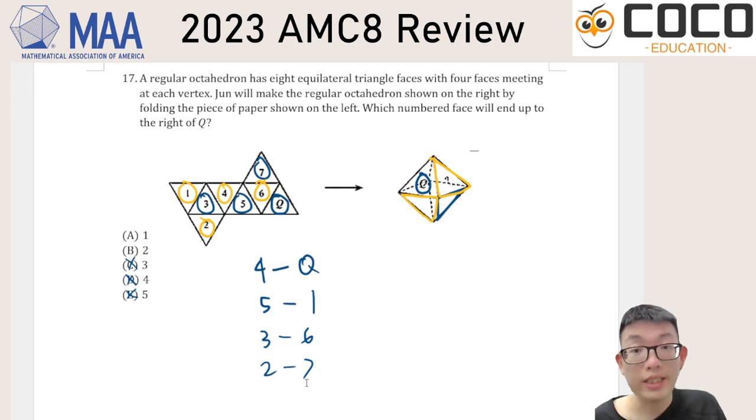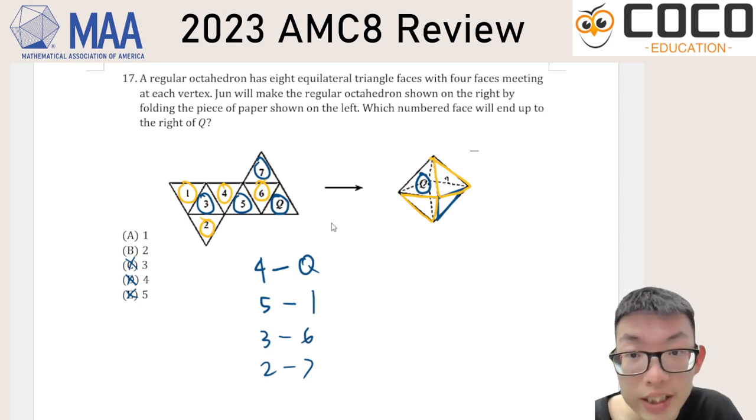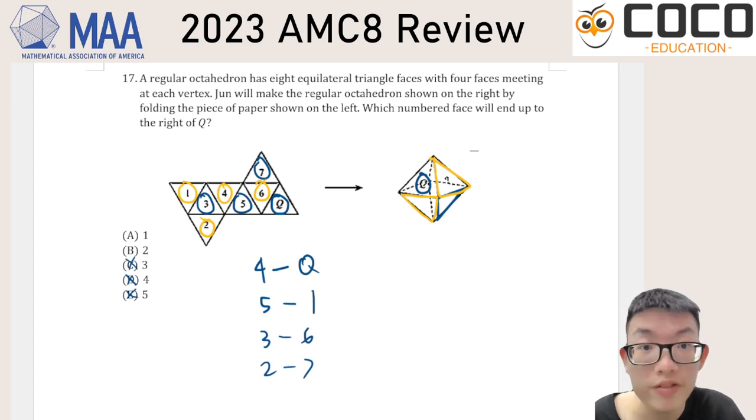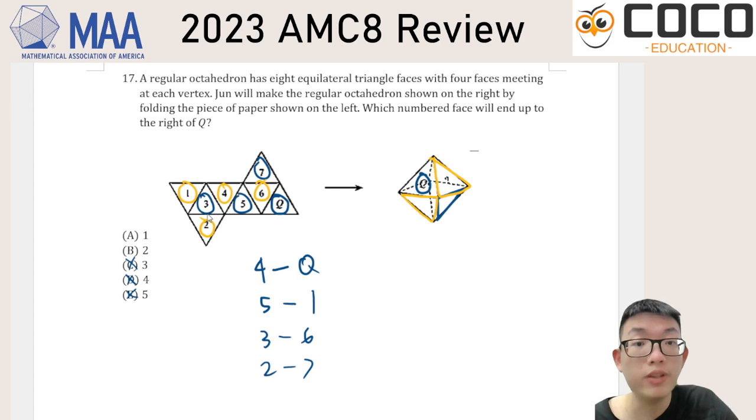So this will help us a little bit if we are trying to do a little bit of placements, because if, let's say, our visualization is very bad, we can still say that, well, Q is next to 6, and then 6 is opposite 3. Right? So you will be able to fill in some of those down there.